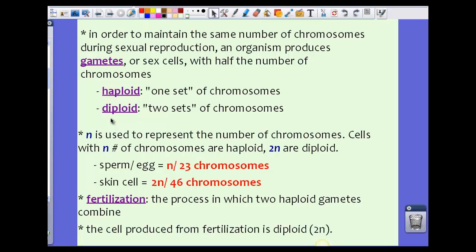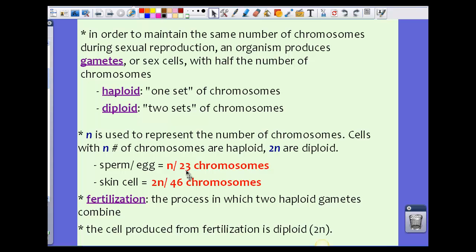Now let's break that down to kind of see what I mean. N is actually used to represent the number of chromosomes. So cells with N number of chromosomes are haploid and 2N are diploid. So for example, anytime we're talking about sex cells or gametes, sperm cells or egg cells, it has N number of chromosomes. In human beings, that's 23.